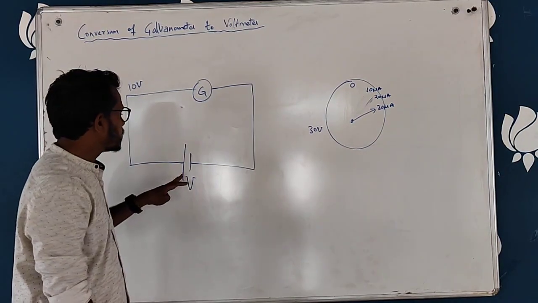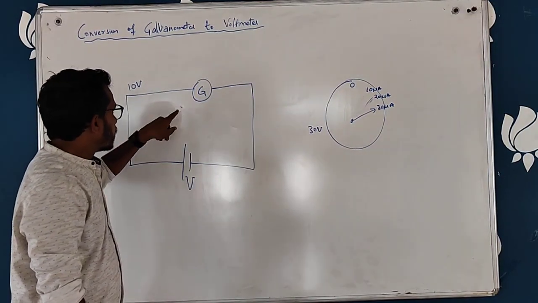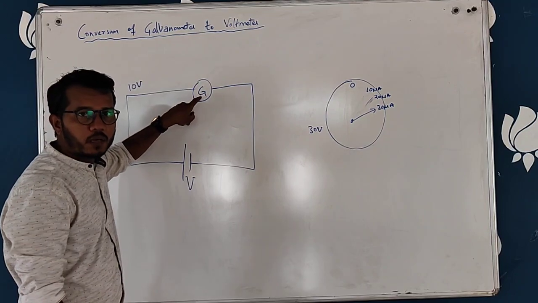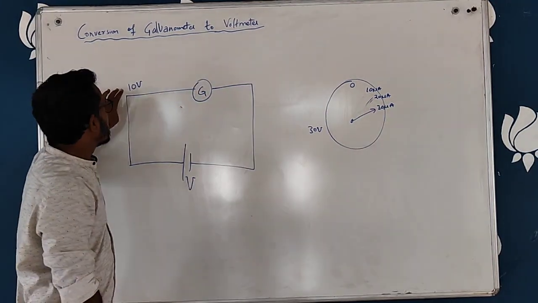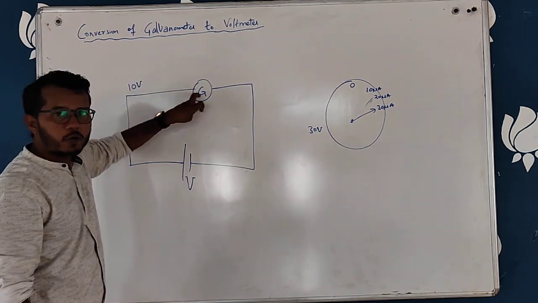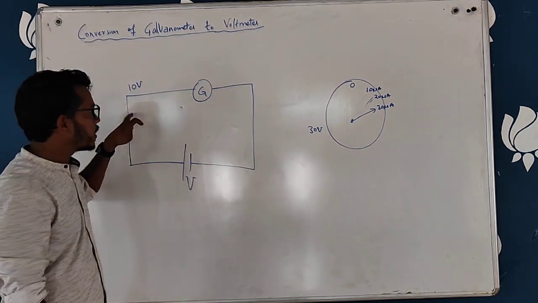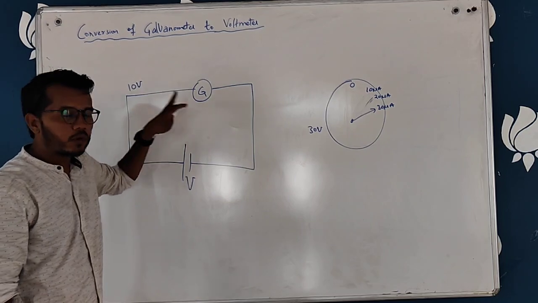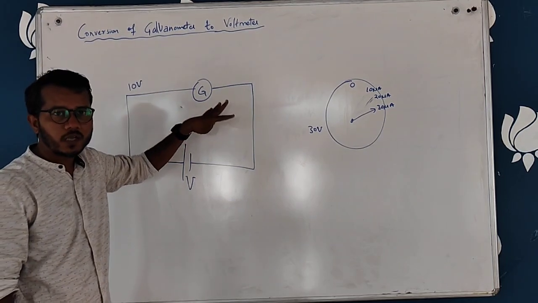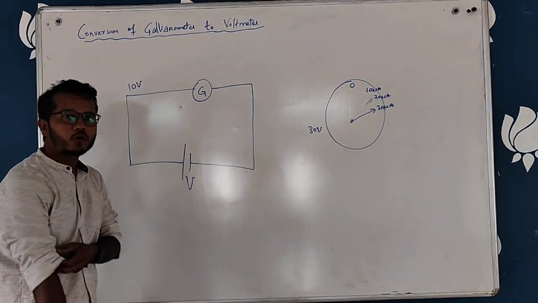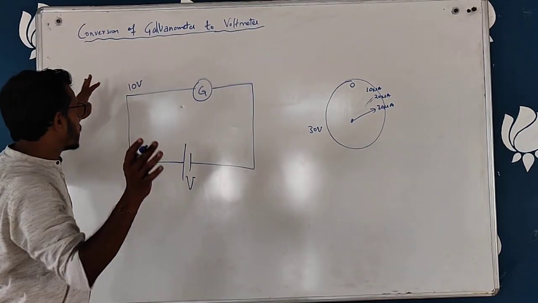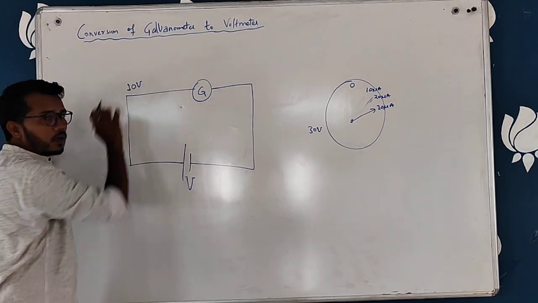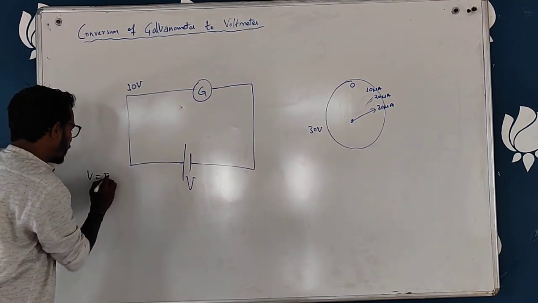So to convert this with the help of the galvanometer, we are converting this galvanometer into a voltmeter. So 10 volt, 10 microampere, 20 volt, 20 microampere, 30 volt, 30 microampere. So in terms of current, we are measuring in the galvanometer. To obtain this, we know that by Ohm's law, V equals IR.